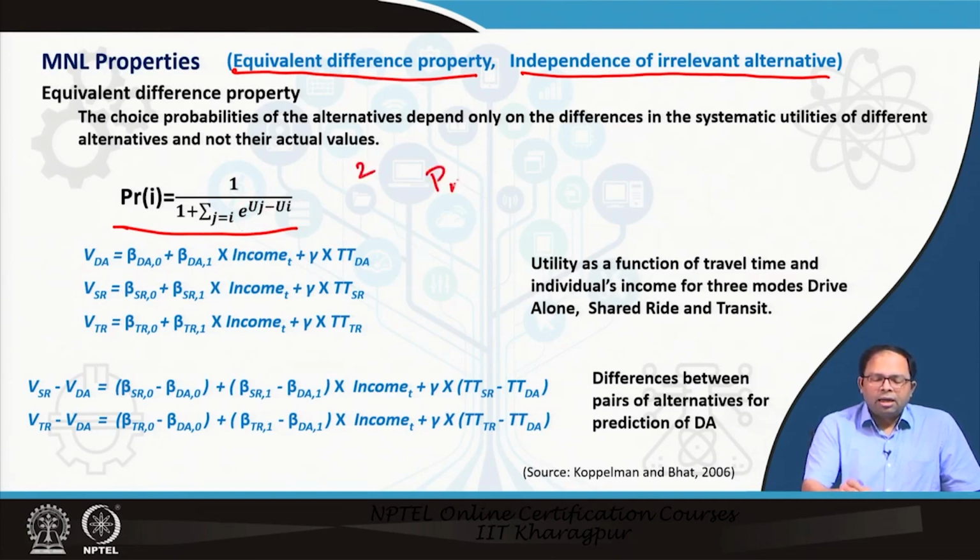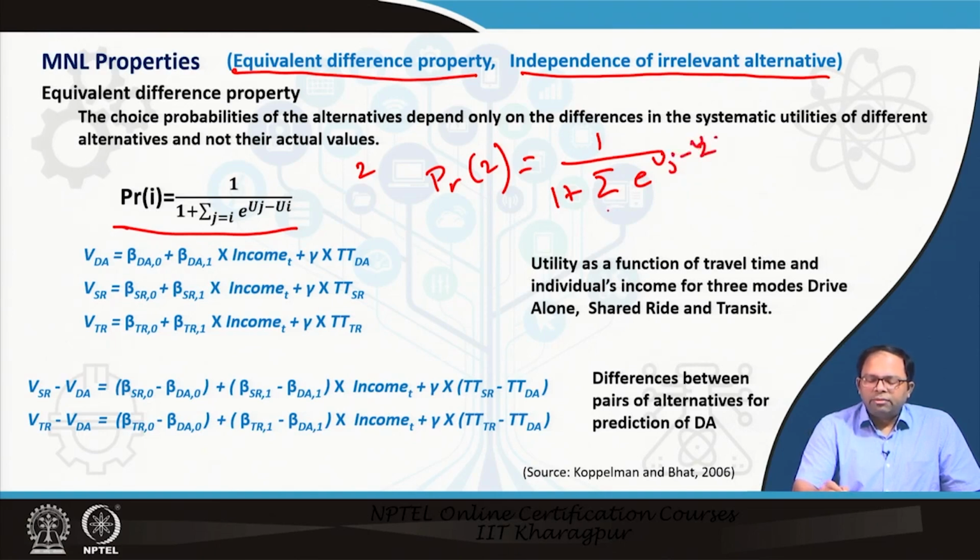So P(2), the probability of the second alternative, is 1 divided by 1 plus the summation of e to the power Uj minus U2. So j will be all the alternatives that we are talking about, from 1 to n, whichever is the total number of alternatives. So this is only the difference between this alternative and all the other alternatives being considered.